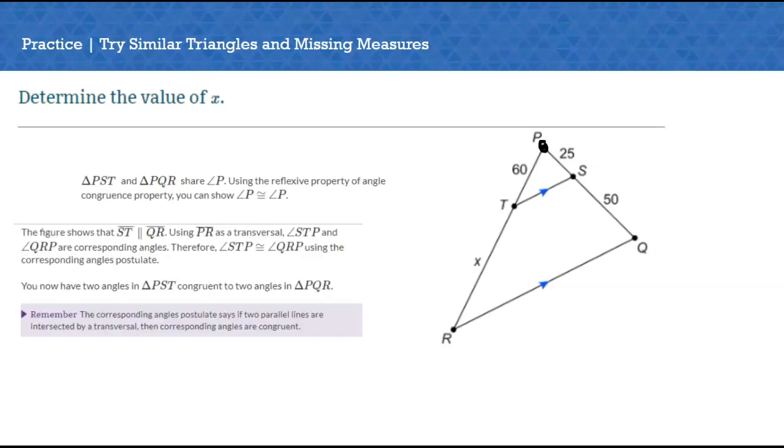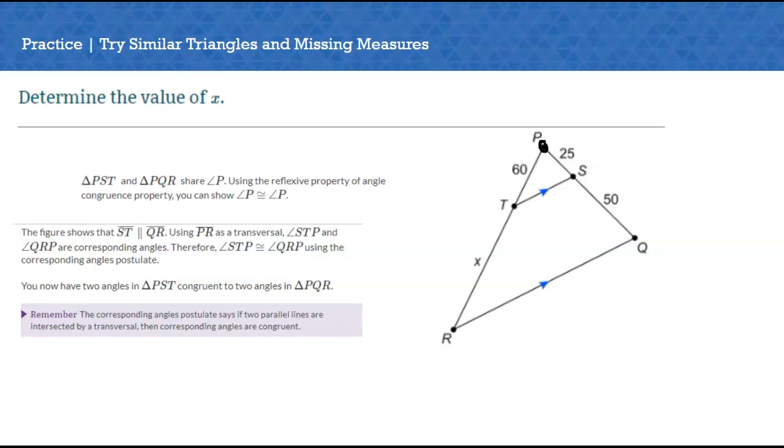Then we notice that the figure shows that ST is parallel to RQ and that PR is used as a transversal. So angle STP and angle QRP are corresponding angles.